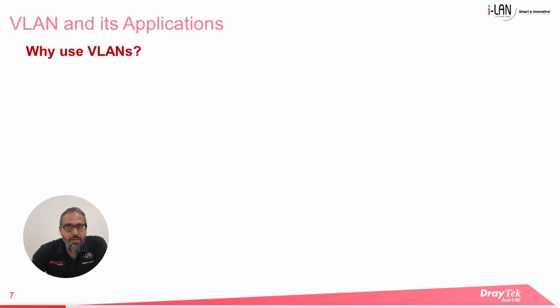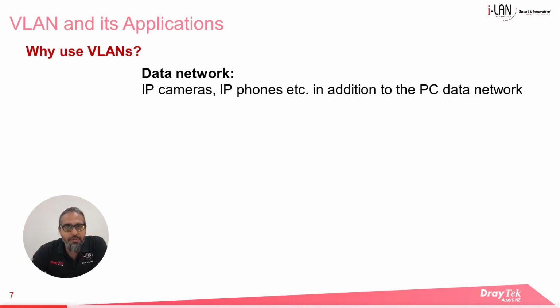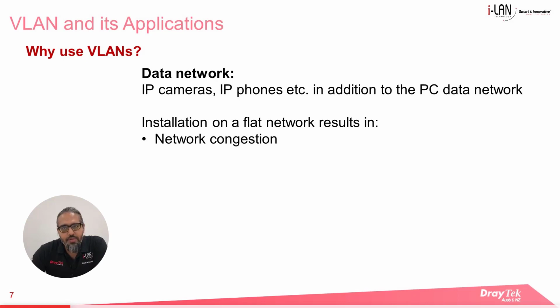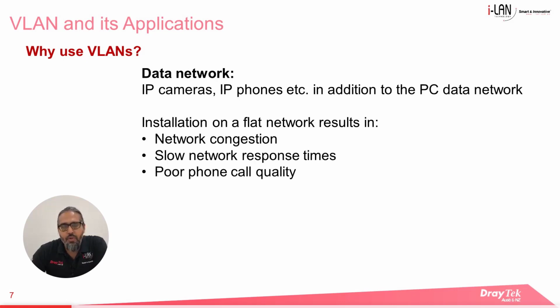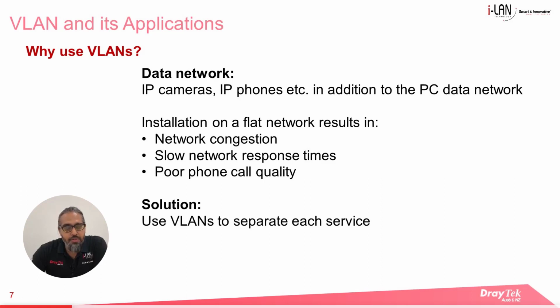Some of you may be looking after large networks, which may have IP cameras, IP phones, and so on, in addition to your PC data network. You'll find that if all of these devices are installed in a flat network, you will soon see network congestion resulting in slow network response times as well as poor phone call quality. The solution is to separate each of these services by using VLANs.